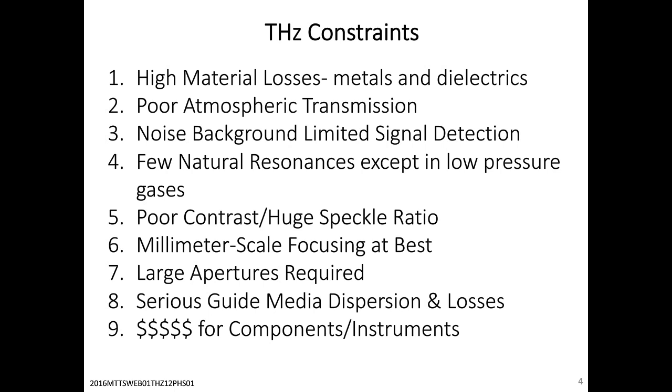Unless we do something like band limit our signals so that we can reduce the noise background, it's very difficult to detect any coherent terahertz signals at room temperature or in this environment where we have normal atmospheric pressure.